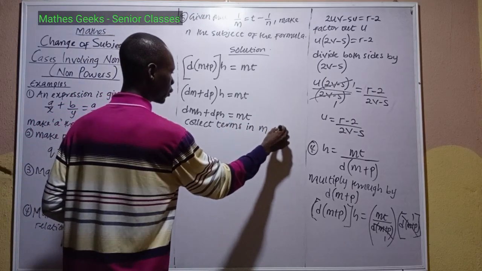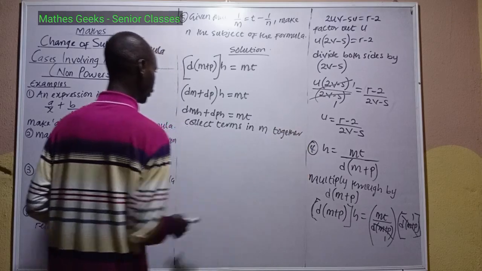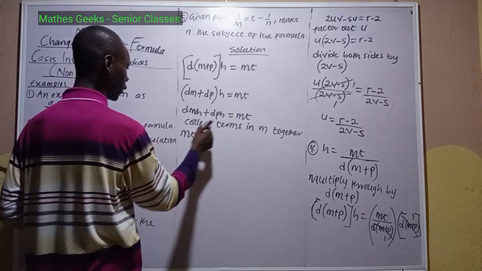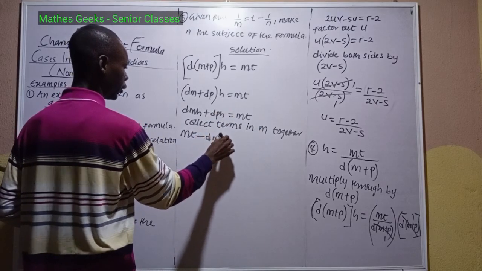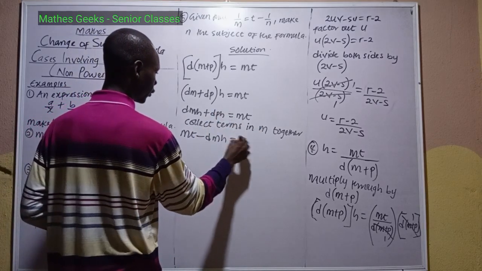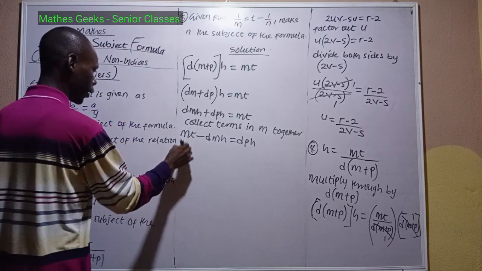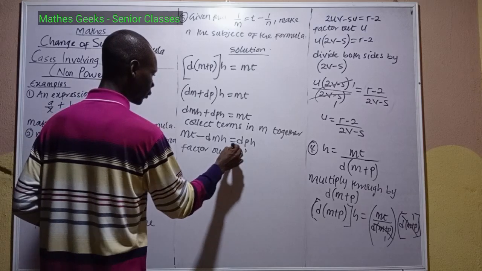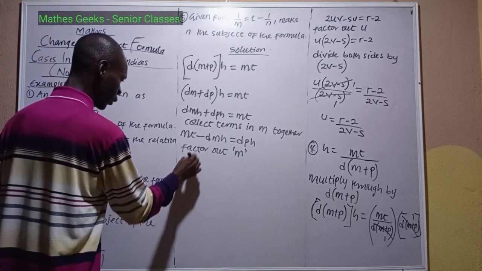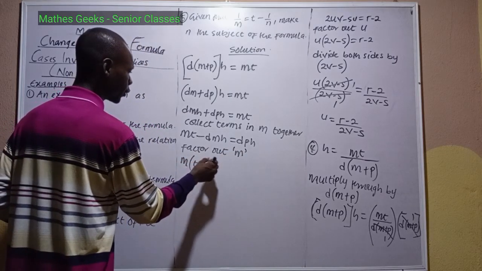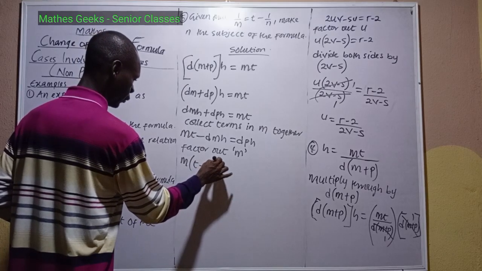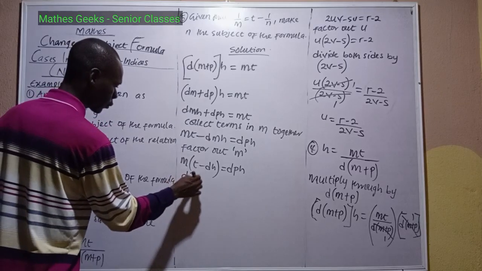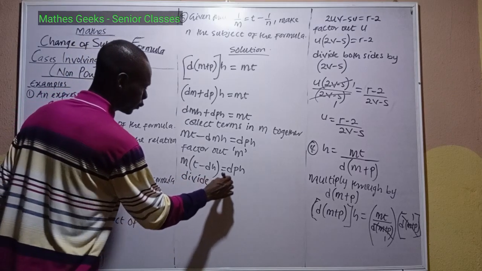So nc, move to the side, minus hdn equals hdp. Then factor out n. The n is c minus hd. This is hdp.